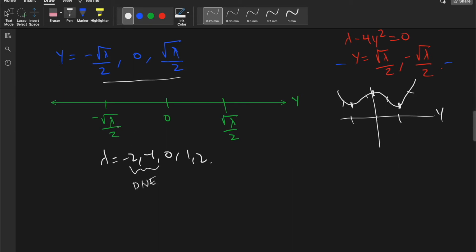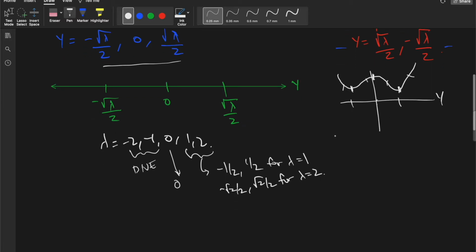For 0, the square roots also become 0, so we only have one critical point, which is 0.